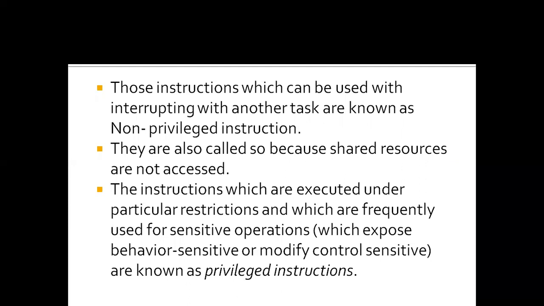Now those instructions which can be used without interrupting another task are known as non-privileged instructions. They are also called so because shared resources do not exist. Means those instructions which can be used without interrupting a task are known as non-privileged instructions.